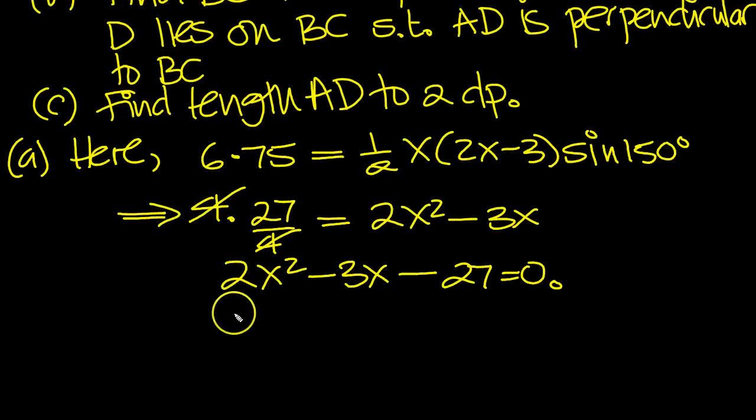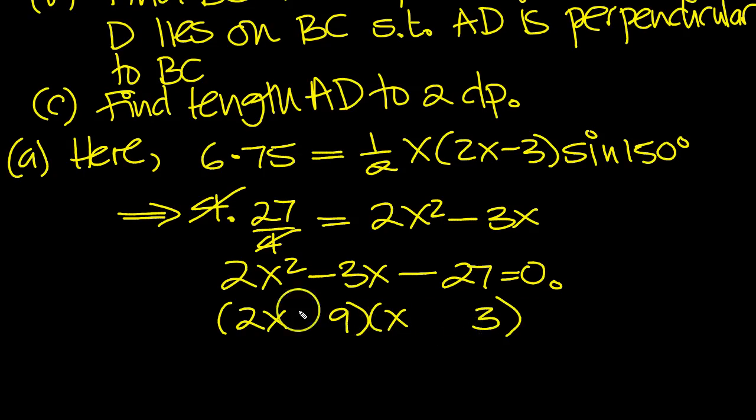And find x. So let's factorize it then. 2x, x. We've got to use 9 threes. If we put the 9 here and the 3 there, then hopefully it should work. It's a minus, so the bigger product will be this, a minus. So we get 2x squared plus 6 minus 9 is minus 3.